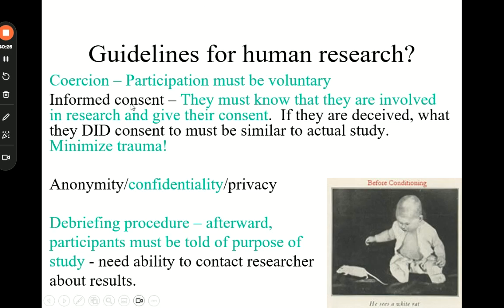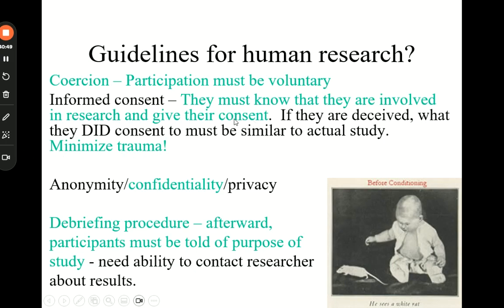Informed consent, permission. They must know they are involved in research and give their consent or their permission. If they are deceived, what they did consent to must be similar to what they are actually studying. Obviously, you need to minimize trauma.